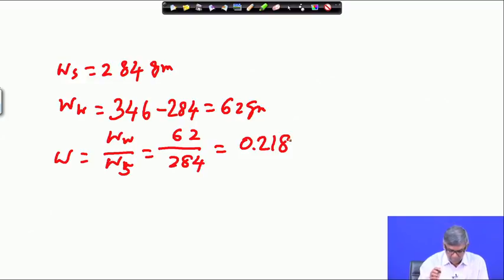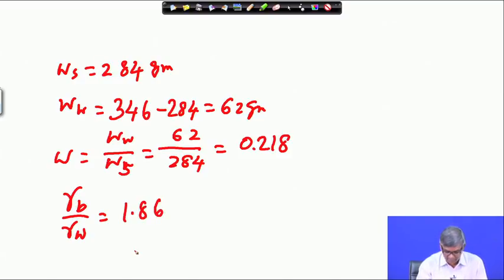And now gamma B by gamma W is given as 1.86, the bulk unit weight. So, gamma B equal to 1.86 into 9.81. So, this value becomes 18.25.